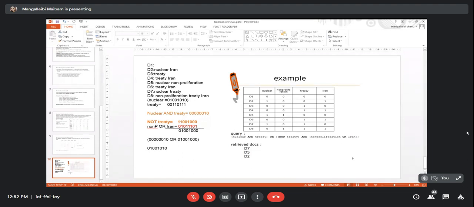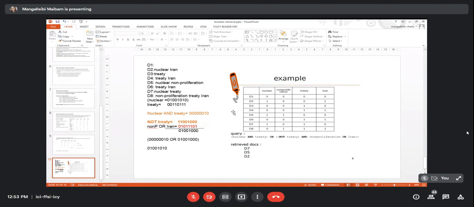Document D7, again we have 2, nuclear and treaty. And document D8, we have non-proliferation, treaty, and Iran, 3 terms. Okay. So similarly, you have to construct the Boolean matrix for this by checking your query.